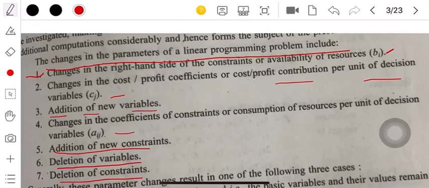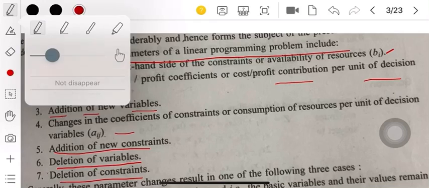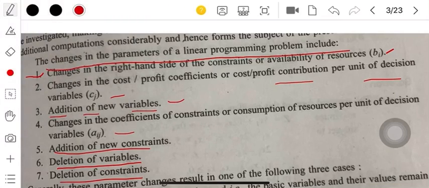If not optimal, then find the solution using iteration, and if it becomes infeasible, then use dual simplex. Change in the coefficient, you can do it. Addition of a new constraint, no problem. Just add the new constraint and find the solution. If the solution is optimal, okay. If non-optimal, find the optimal solution by proceeding further. If it becomes infeasible, use dual simplex. Deletion of a constraint will not affect the solution. Deletion of variables, right?